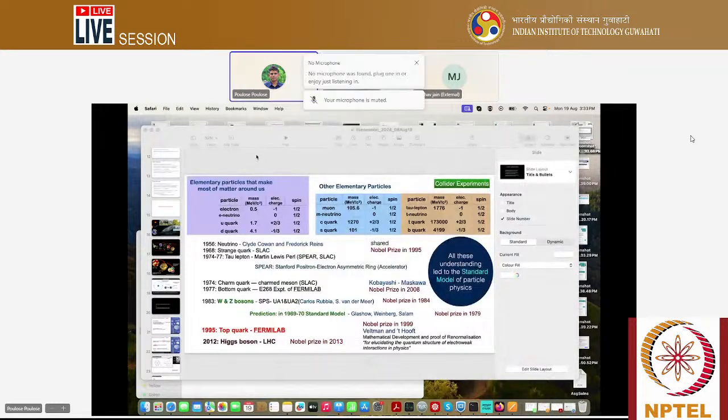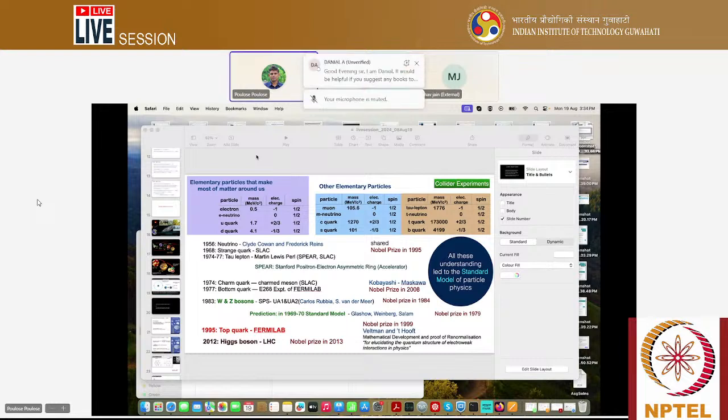So basically, at the moment, we have electrons, muons, and tau leptons as elementary particles. They are all called leptons, and they are very light compared to other particles like the proton, or even some of the quarks.